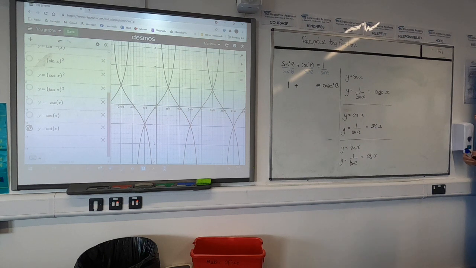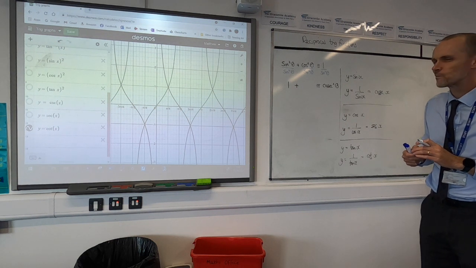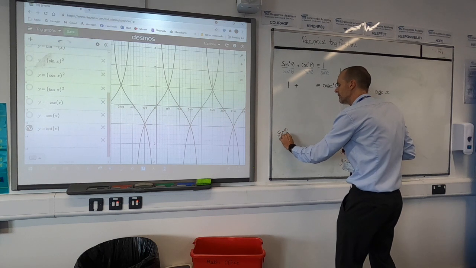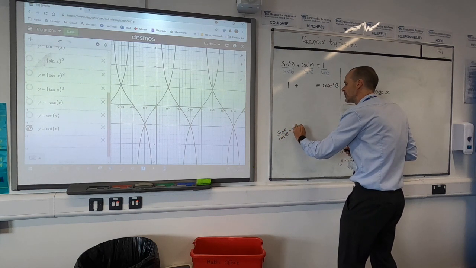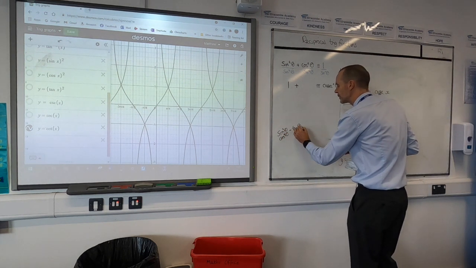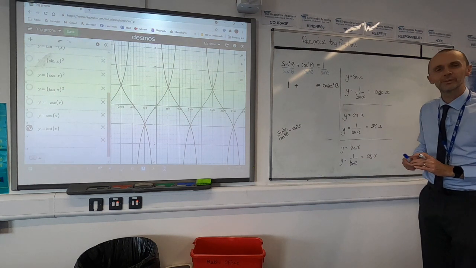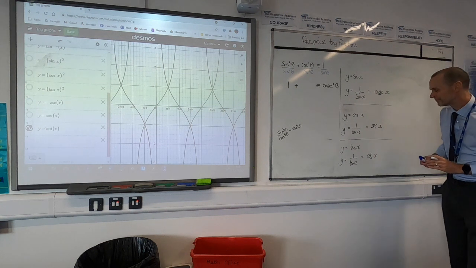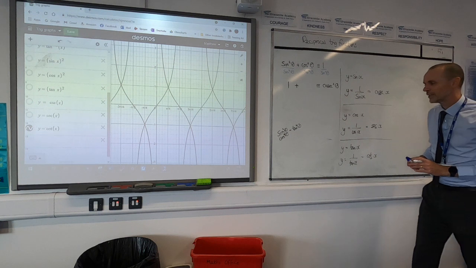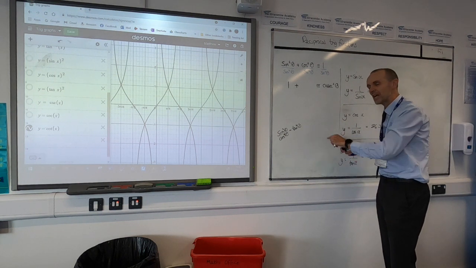How can I write cos squared over sine squared? Well, I know that sine over cos is tan, so sine squared over cos squared would be tan squared. So is anyone going to be brave and say what cos squared over sine squared would be? Well, it's the reciprocal of this, that flipped over.